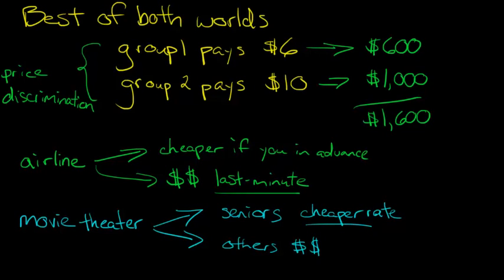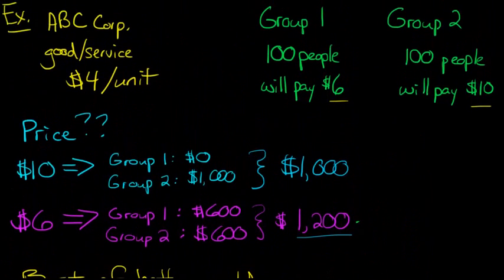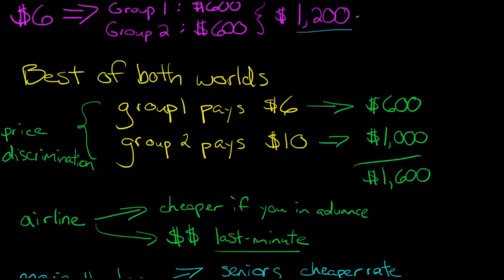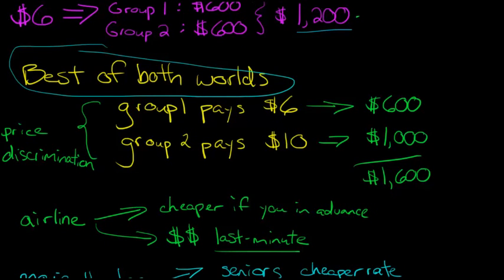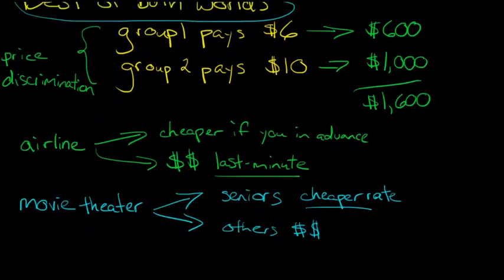The movie theater is not just being nice, they're not doing this out of the kindness of their heart, just throwing away potential sales. They're recognizing there are two different groups of people: one group that'll say, okay, we'll pay $6 to go see the movie, and another group that says we'll pay $10. So the movie theater says, we're going to take the best of both worlds and charge each of you what you'd be willing to pay, because otherwise we're just losing sales and leaving money on the table.